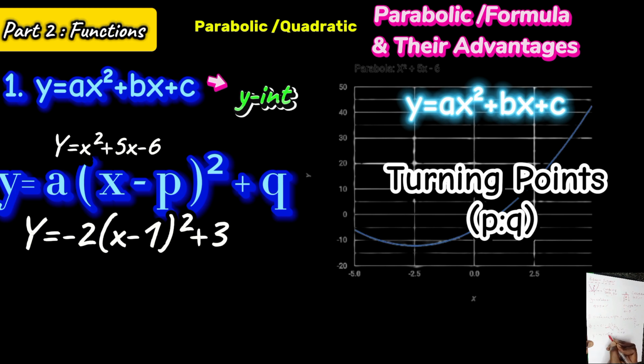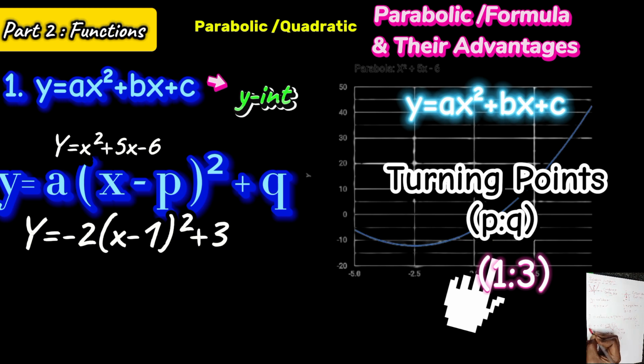When taking the turning points, our p, which is our x value, always changes sign. So if we have this -1, our p will be 1, and our q, which is our 3, stays the same. It does not change sign. Our p changes the sign. If we had a +2, we are going to have a -2 here.